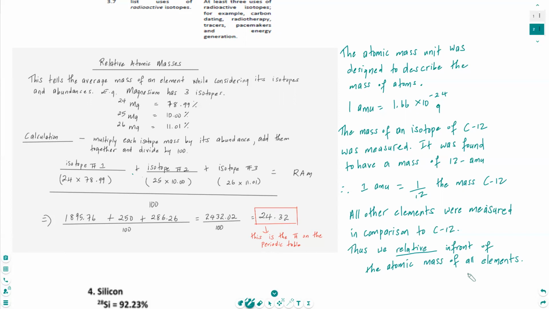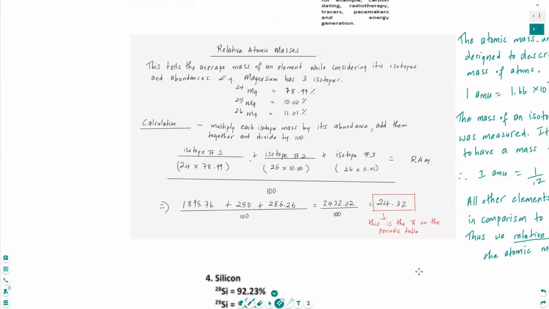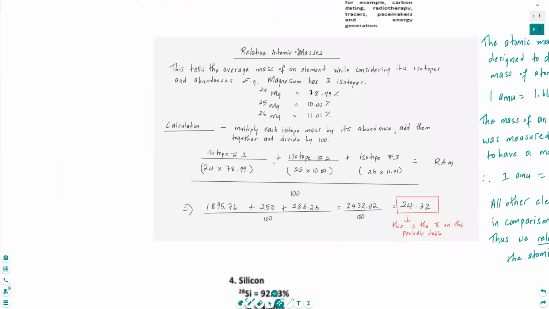Now, as you can see here, I have some notes about the relative atomic mass. Okay. So the relative atomic mass of an element basically tells you how heavy that element is in terms of atomic mass units.